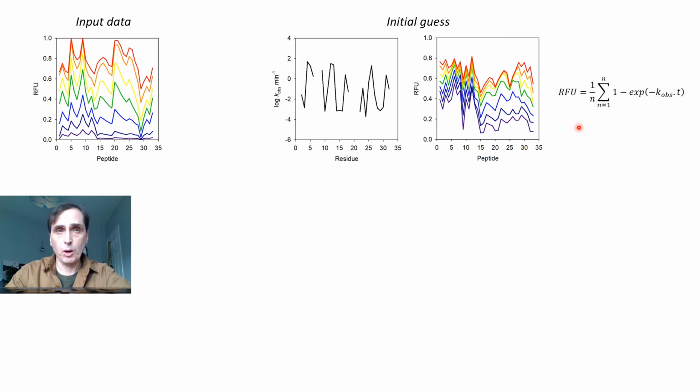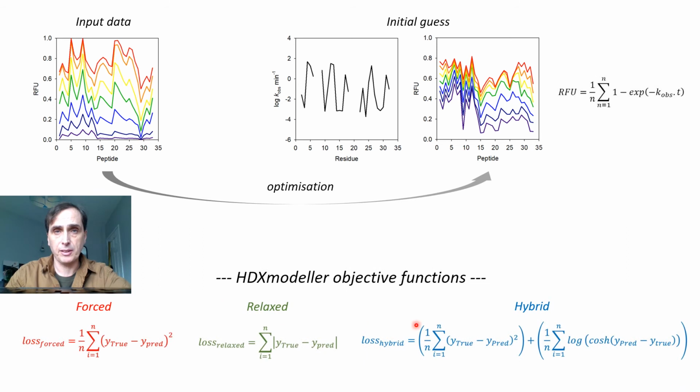And HDXmodeller will then attempt to minimize the difference between your input data and this macroscopic model, and it will do this by minimizing different loss functions, and there are actually 3 different loss functions available to HDXmodeller. These are optional. We'll go through these loss functions in a later video. The default one is relaxed, shown here.